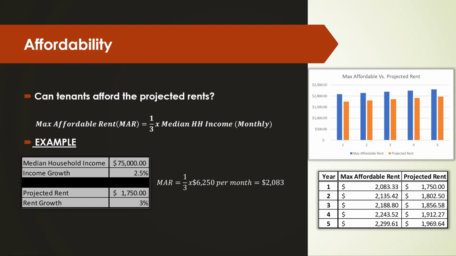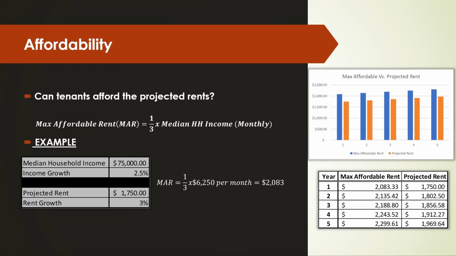And we want to look at that over this planned hold period. When you do the math, your max affordable rent is $2,083. So when you look at year one, we see the max affordable rent, and then we see our projected rent is $1,750.